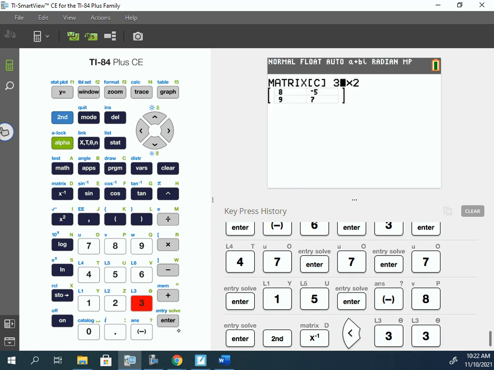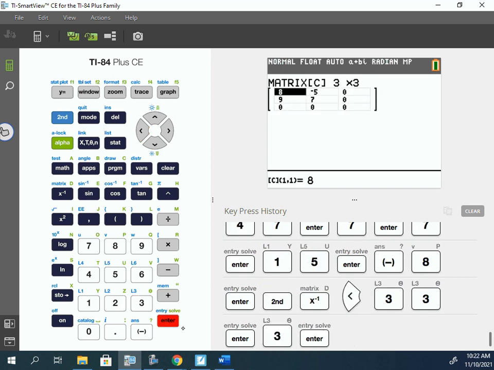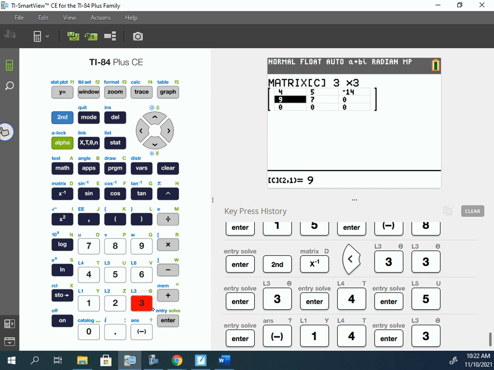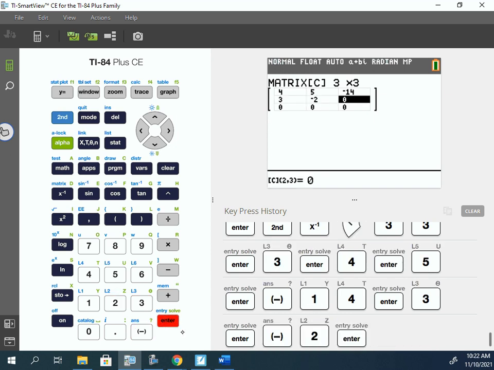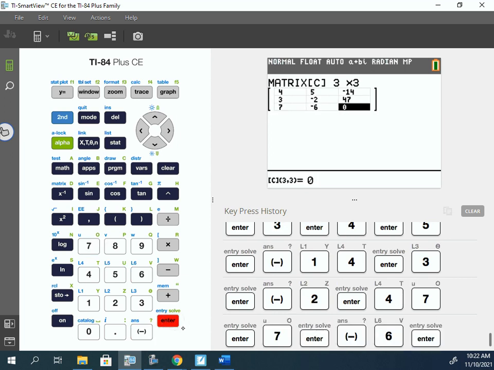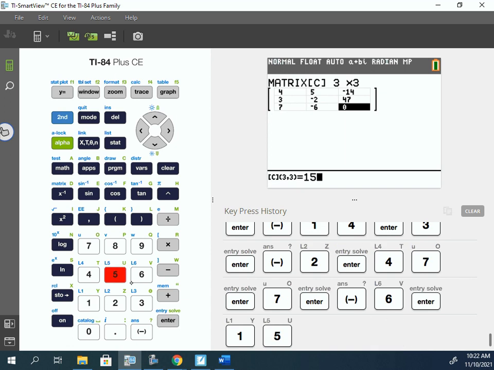Then we can edit matrix C. 4, 5, negative 14, 3, negative 2, 47, 7, 6, 15.